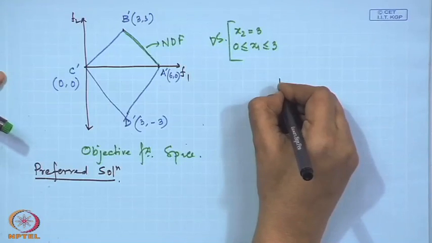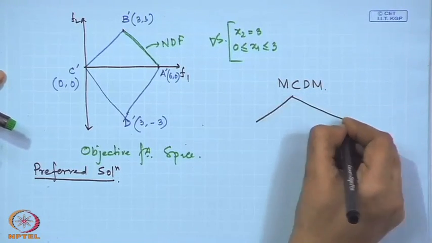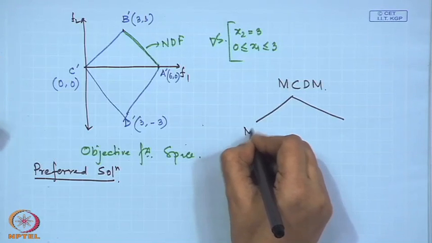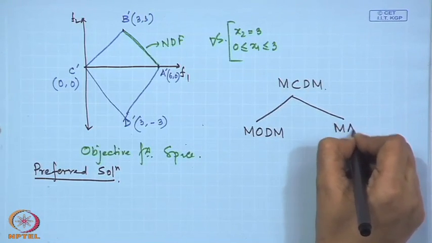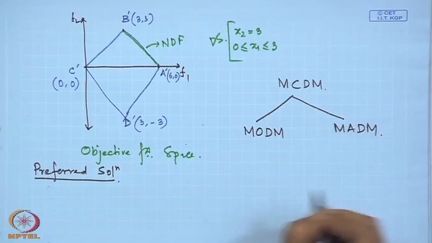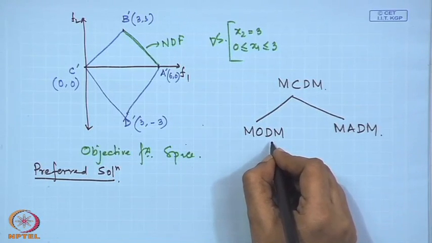But in general, the multi-criteria decision making problem is classified into two types. One is the multi-objective decision making problem and another one is the multi-attribute decision making problem. In multi-objective decision making, we have an infinite number of alternatives.